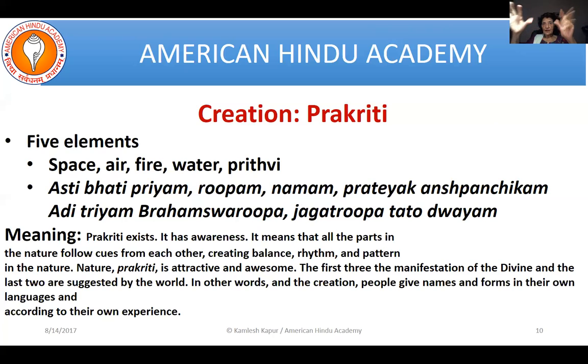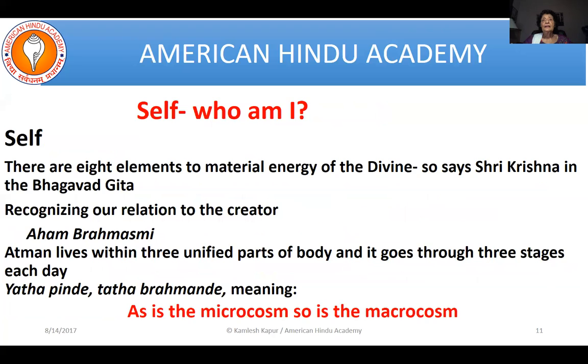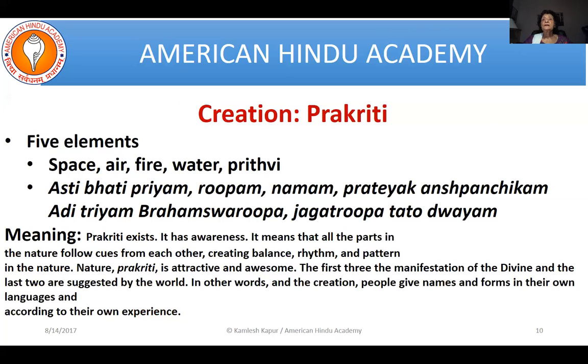So even though there are five ways to see nature, the first three are in the nature of things. I did not create Asti Bhati Priyam, nor did you. But name and function or form we give. That comes at a later point, and this is an advanced lesson.